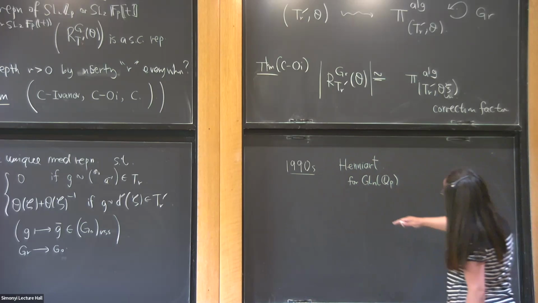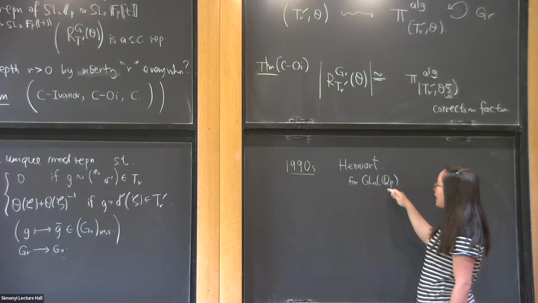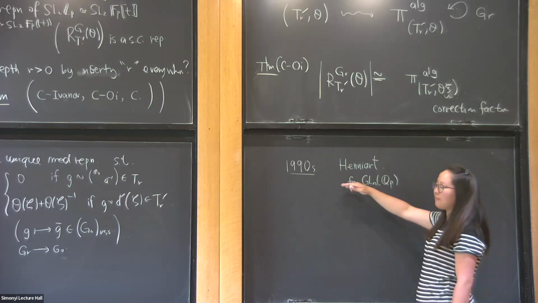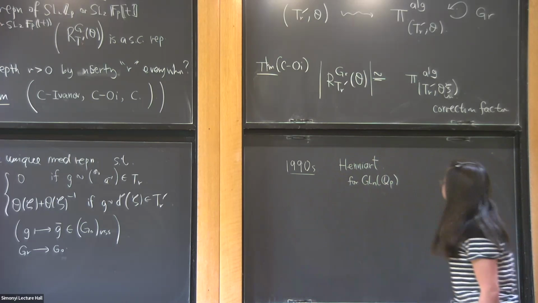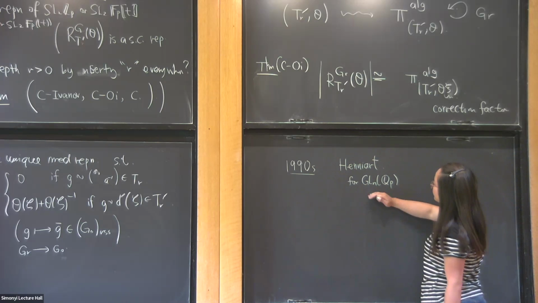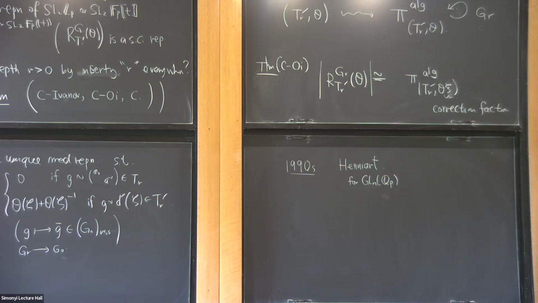This was really important at the time because there were several different flavors of constructions of representations of GLN QP, and it was because of this work that we were able to know how they all compare to each other. Additionally, this has applications to establishing the Langlands correspondence for GLN.